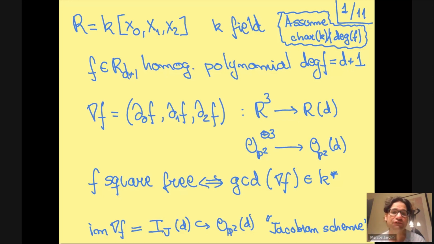And then the image of this gradient morphism is an ideal sheaf, a subsheaf of O_P2 twisted by d. It's the ideal sheaf of some scheme, called the Jacobian scheme. So this Jacobian scheme J sees the singularities of the curve F equals 0.